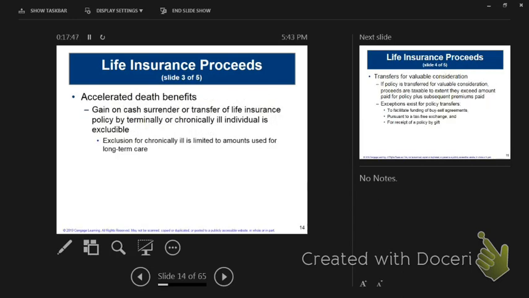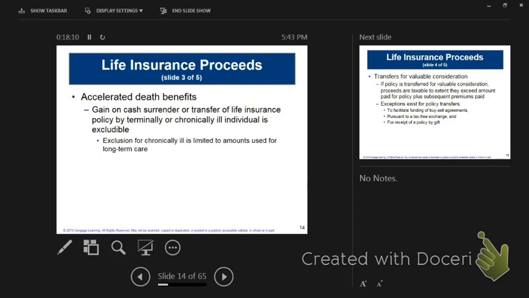All right, accelerated death benefits. That's where you put money in. You're going to recognize gain on the cash surrender or transfer. So this is when, if you know you're terminally ill, you can actually take your benefits before you pass away. And you can use them, but you have to use them on long-term care.